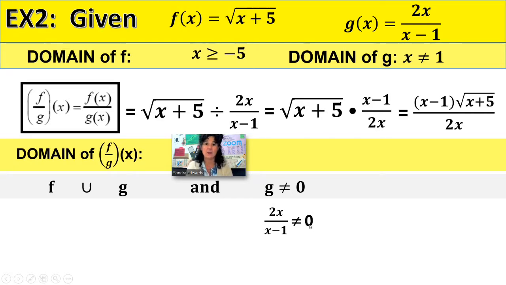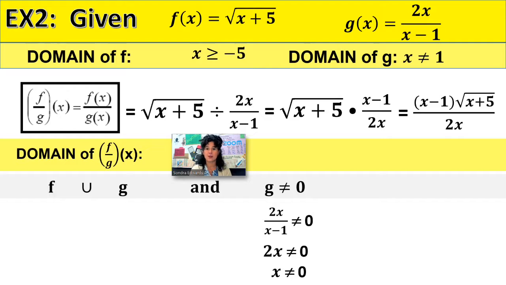If a fraction is going to equal 0, the only way that happens is if the numerator becomes 0. You can think of solving this by multiplying both sides by x minus 1, and then the x minus 1s are gone. Either way that you look at it, to get x by itself, I'm going to divide both sides by 2, and so x cannot equal 0.